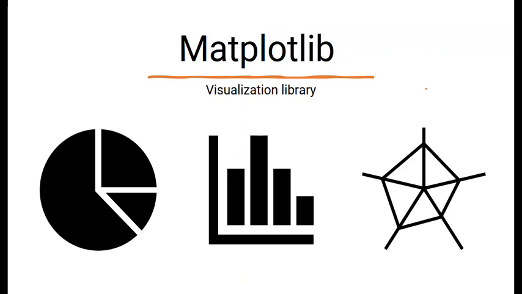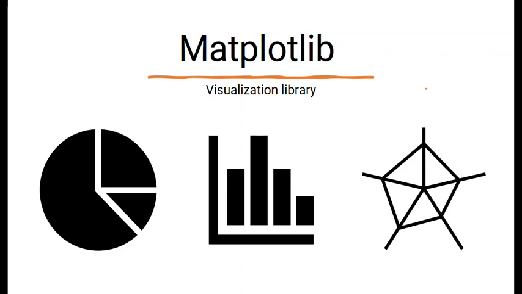Okay, as we mentioned, we will be focusing on the Matplotlib library, which is a data visualization library, the same way that the Pandas library is a data analysis library. And when it comes to Matplotlib, there are two main approaches or methods through which we can create the different plots. The first one is the MATLAB approach, and the second one is the object-oriented approach.